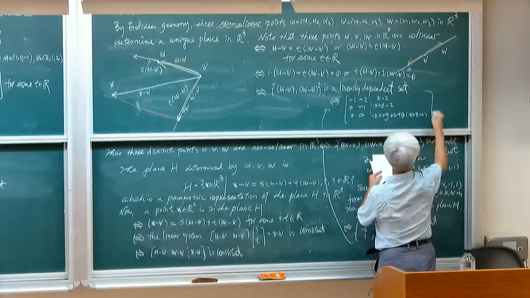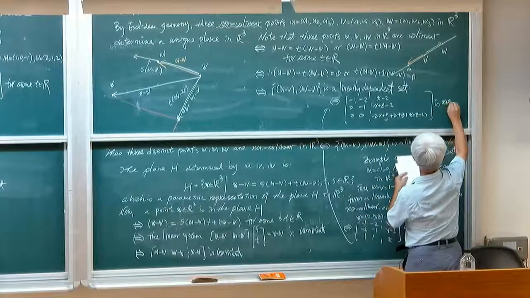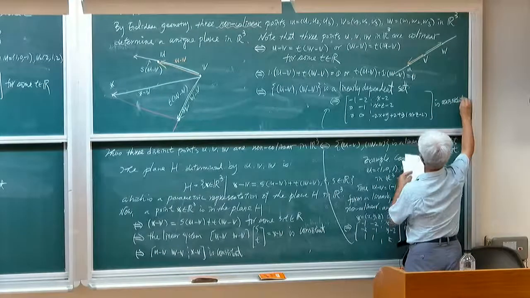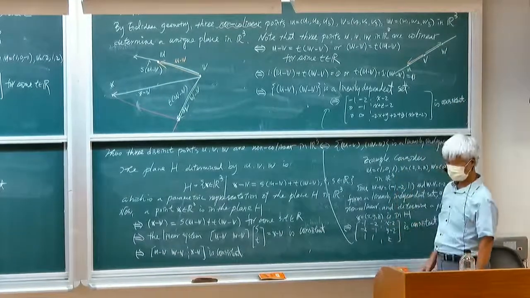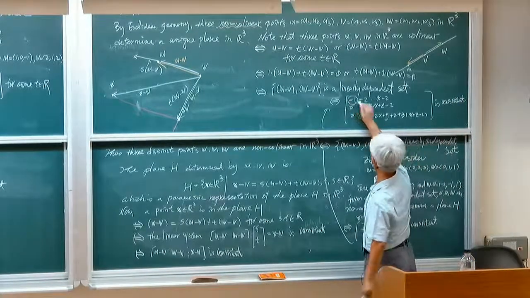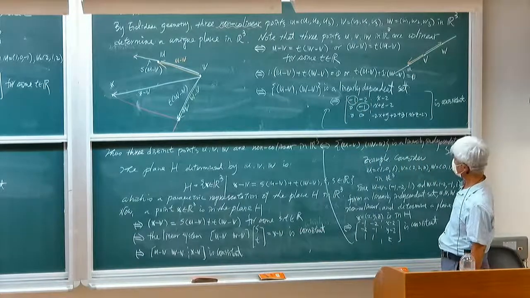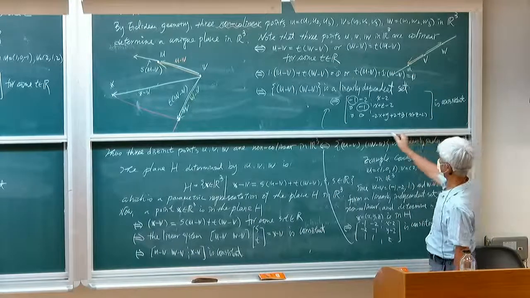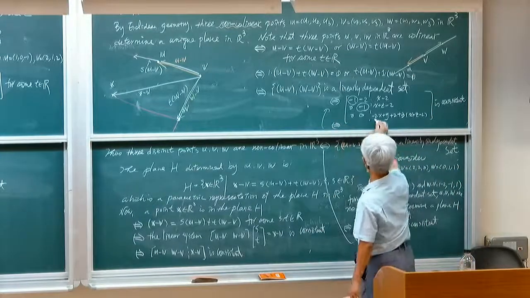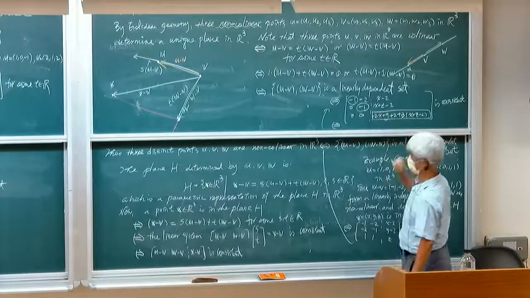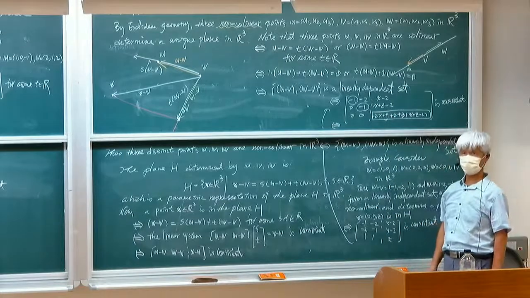So this one is consistent. All right, so we have pivot positions there. And so this becomes consistent if and only if the last entry should be 0.